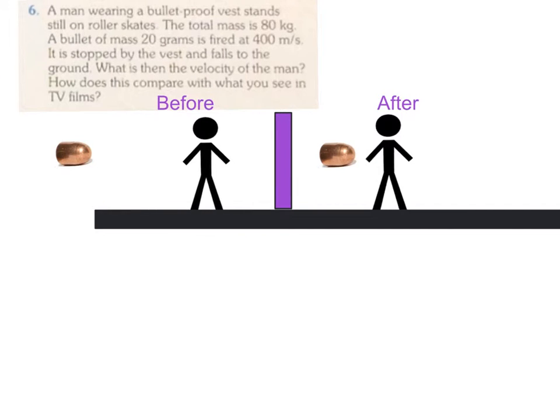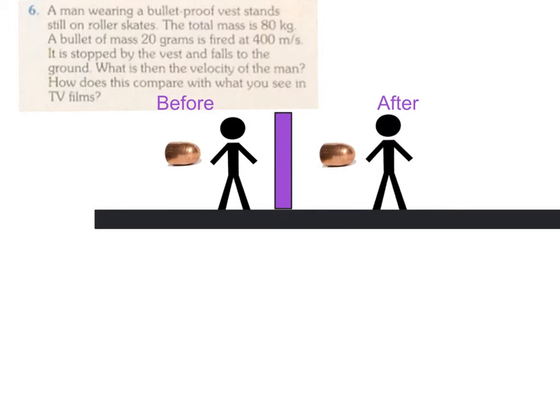So they have put the guy on roller skates so that he's free to move. What happens here is the bullet comes up to him, hits the bulletproof vest and falls to the ground.